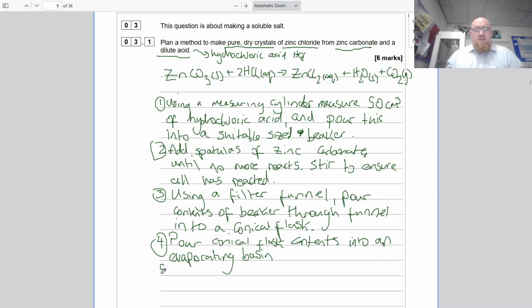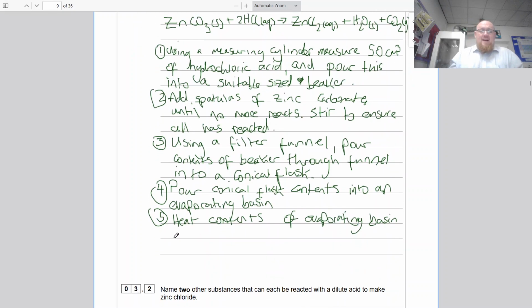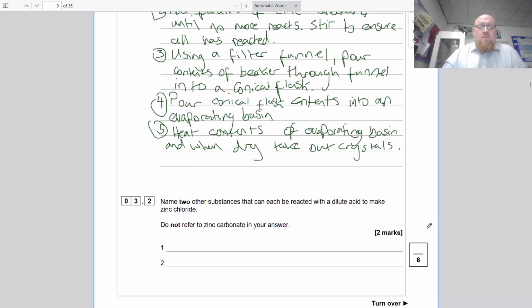Then we're going to heat the contents of the evaporating basin, and when dry, we're going to take out the crystals. So that should be all of our marks for that one.